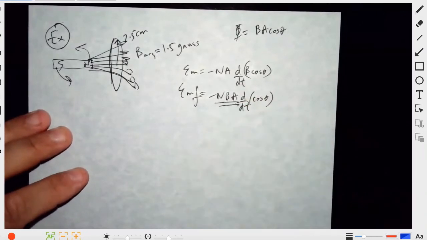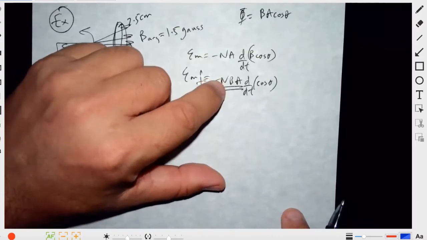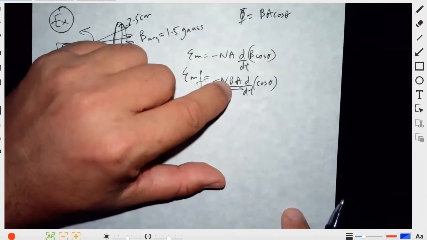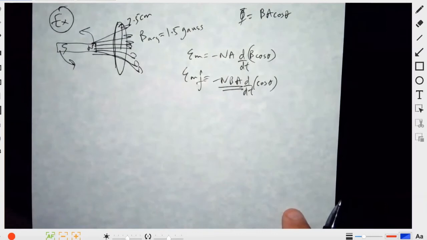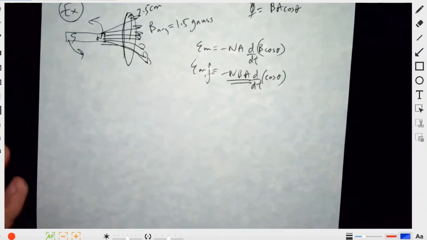So next time you see an NBA game, think about number of turns, magnetic field, and the area of the loop. Right? Not basketball. Right? No ha-ha, no, come on. I want to see some lols, some oofs, some ha-ha.